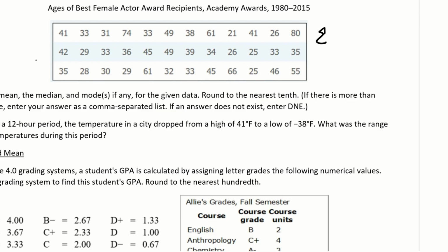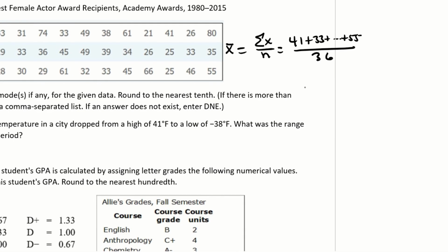We're going to add the numbers up and divide by how many we have. So 41 plus 33, dot dot dot, all the way to 55, divided by 36, because there are 36 data points here, actresses.